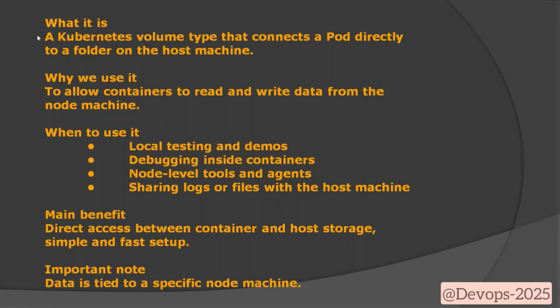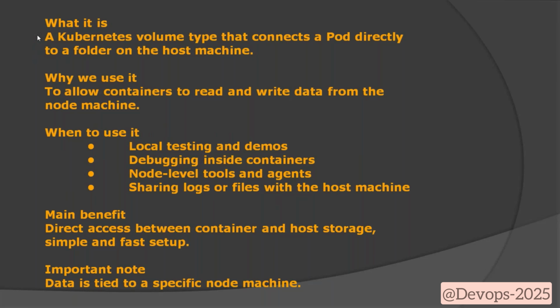So the data physically lives on the node machine. It's not in the pod. The third benefit is that if you want a fast and simple setup, we can use host path volume. You don't need any storage class, external storage or cloud disk. You just point to a folder on the machine, then you can start using it.